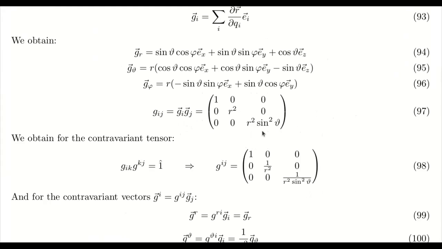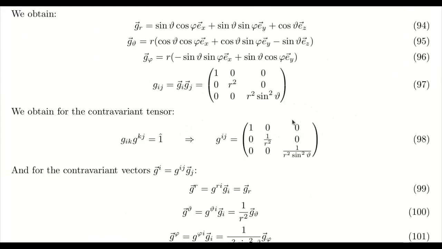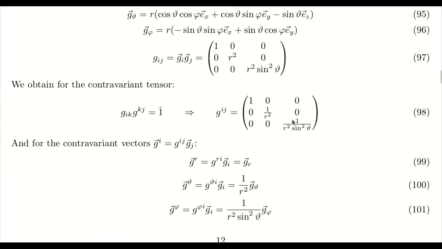That's the only trigonometric function which isn't vanishing. Okay, and then we get this metric tensor. This is a covariant metric tensor in a flat space in spherical coordinates.